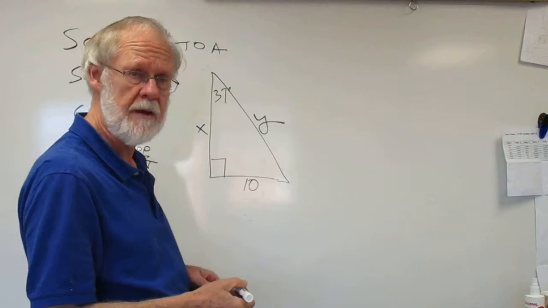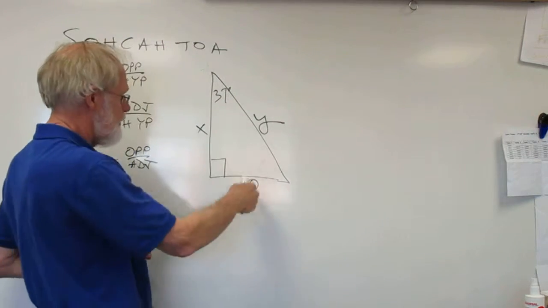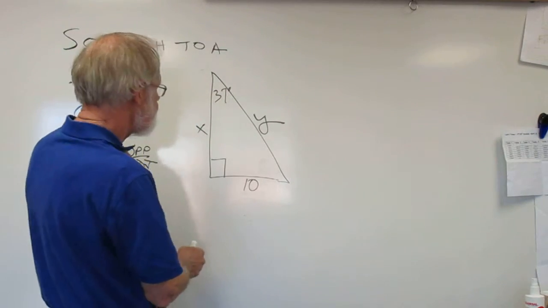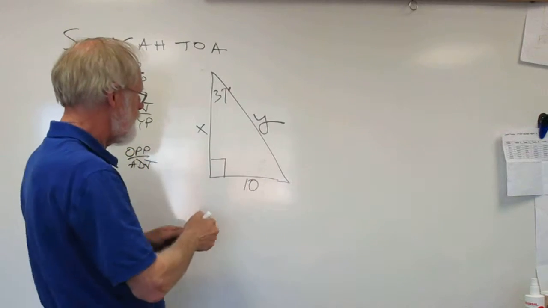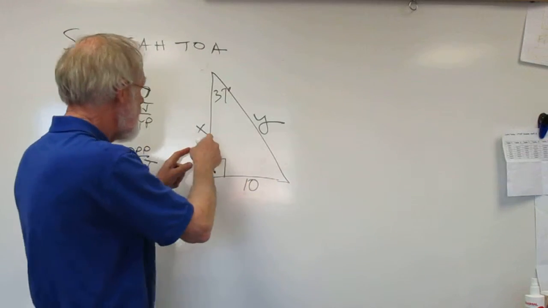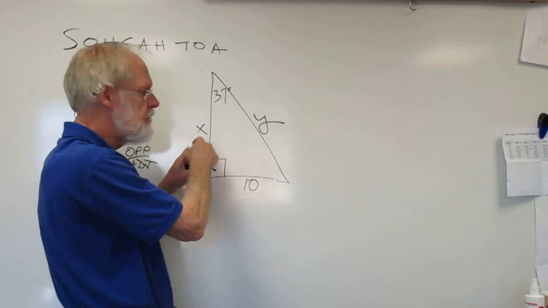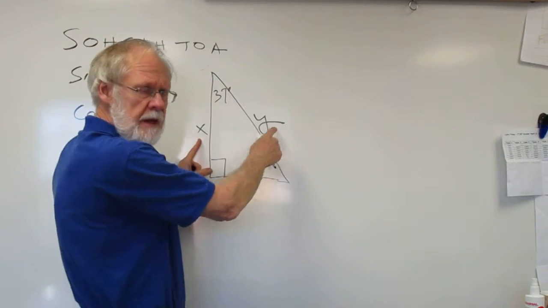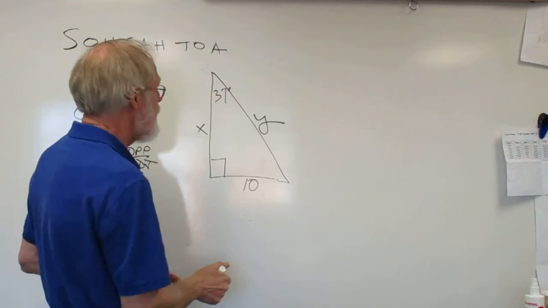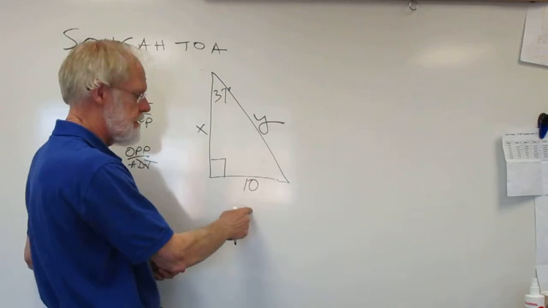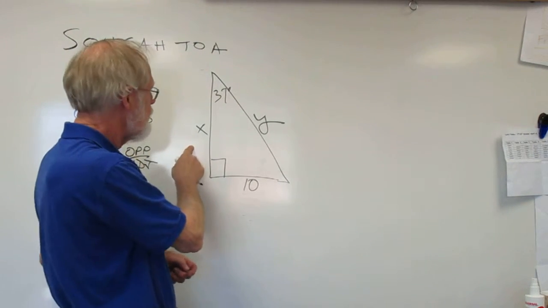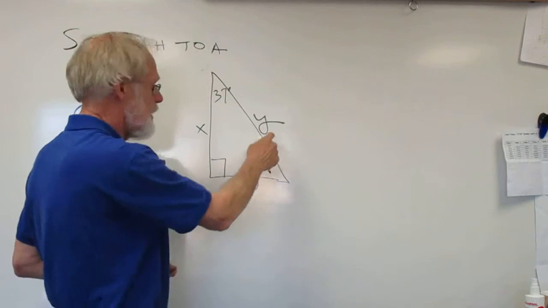So now we're looking for the hypotenuse, and what we have is the opposite side. And so the one that we cannot use is the cosine, because that would be adjacent over hypotenuse, and that would give us two variables. So what we can use is the tangent, tan over x, or we can use the sine, sine over y.